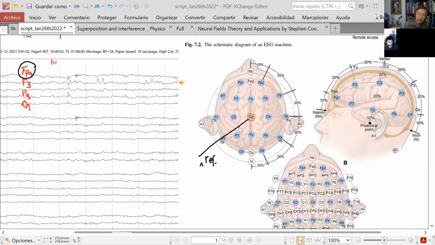I'm just focused on the first one, FP1. How did I detect FP1? It's not alone. FP1 is not alone. It's referenced with Cz, yes, that's Cz. And the F3 too.